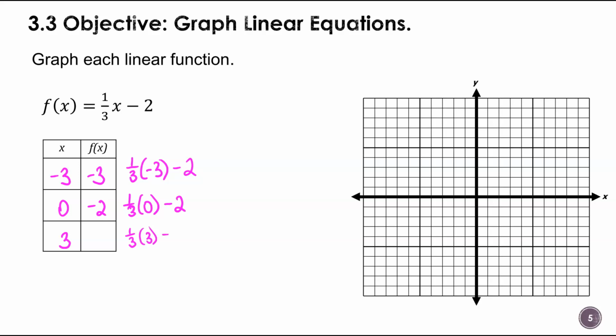And then 1/3 times 3 is 1, 1 minus 2 is -1. Then, of course, we put these on the graph. So we are at (-3, -3), (0, -2), and (3, -1).